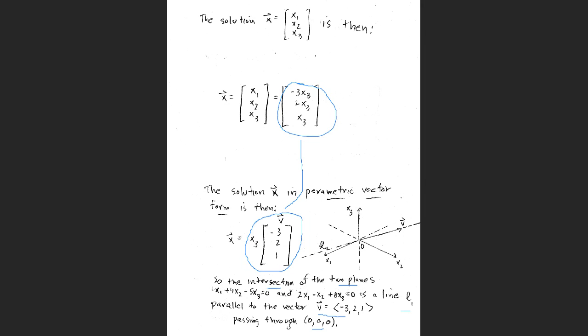So in this picture, I've drawn x1, x2, and x3, and I've drawn the vector v emanating out from the origin.